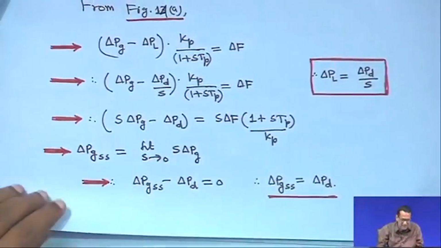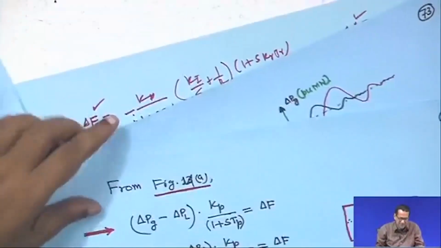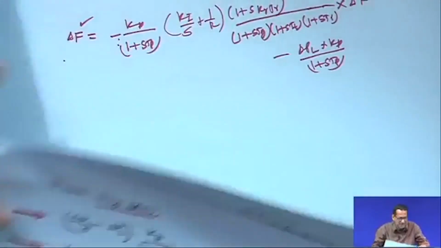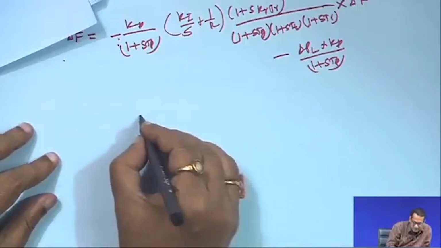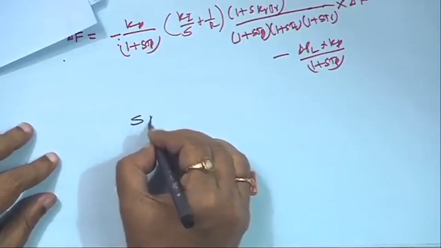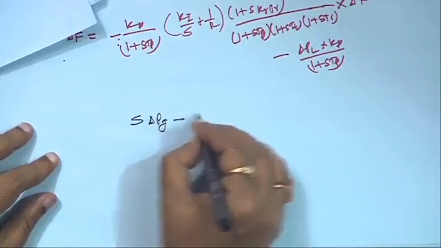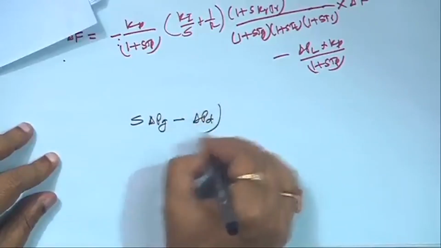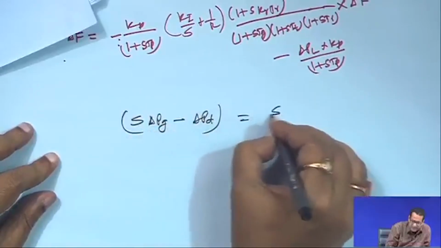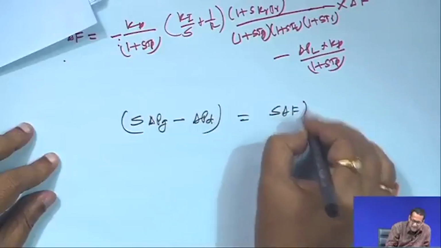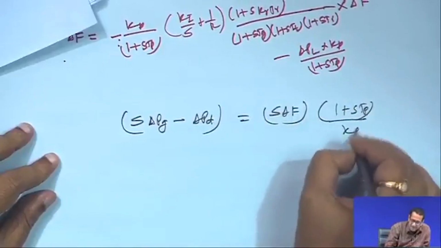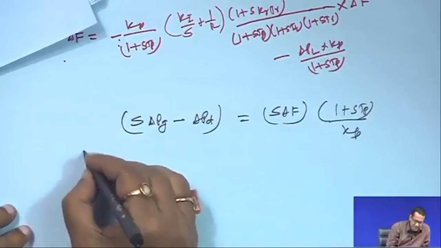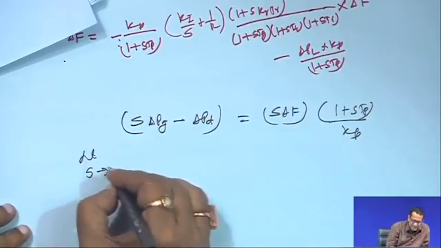Let me write one line for you. This equation we are writing: s delta PG minus delta PD, right, is equal to s delta F into 1 plus sTp upon Kp. On both sides you take limit s tends to 0.